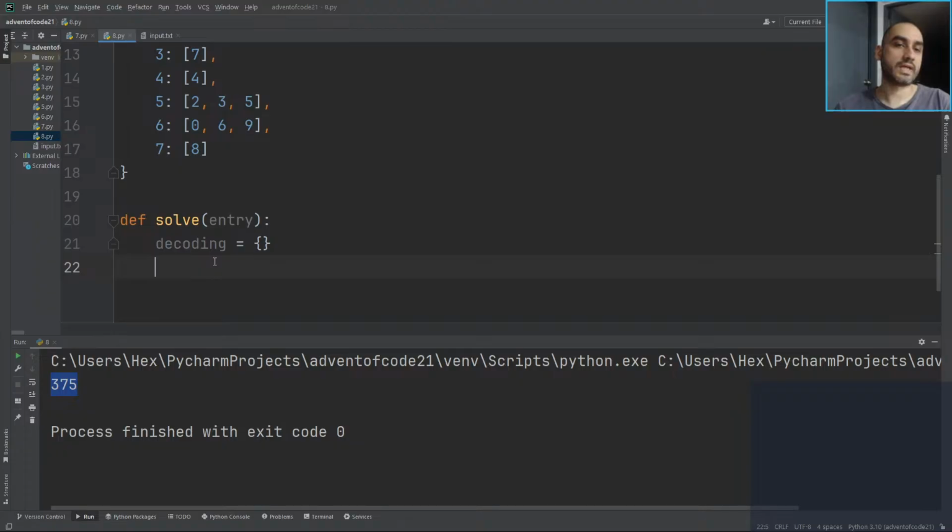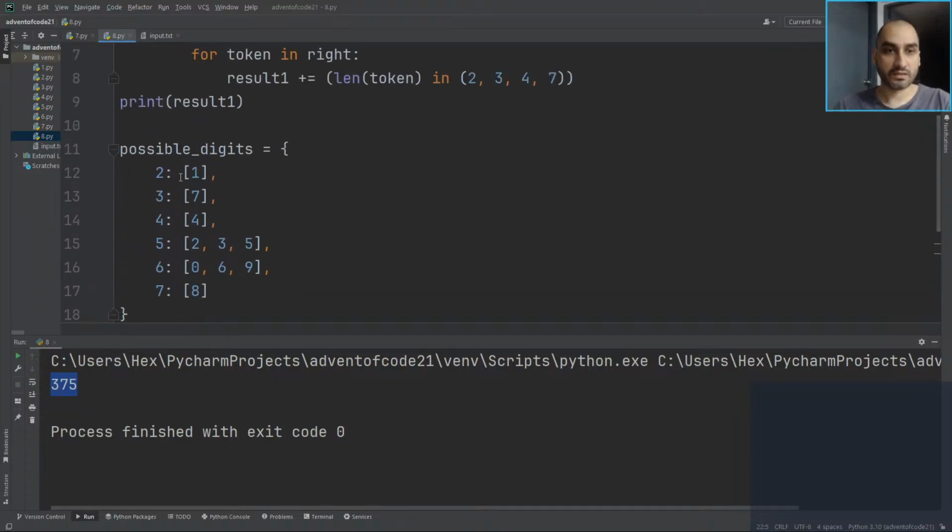Alright. So we look through the entry. Let's just fill in the 1, 4, 7, 8.